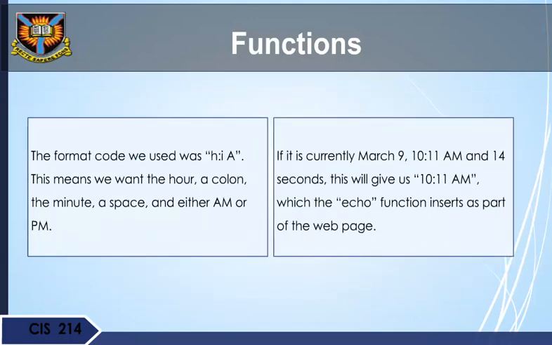The format code we used was H:i A. This means we want the hour, a colon, the minute, a space, and either AM or PM. If it is currently March 9, 10:11 AM and 14 seconds, this will give us 10:11 AM, which the echo function inserts as part of the web page.